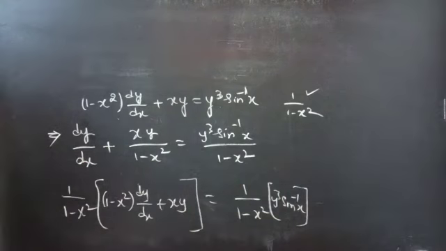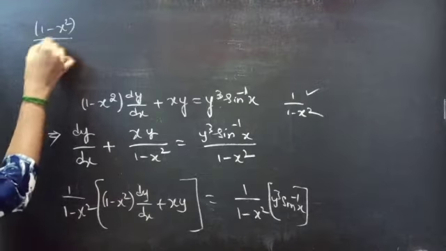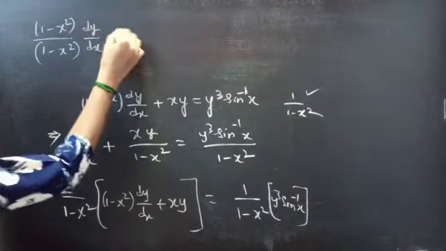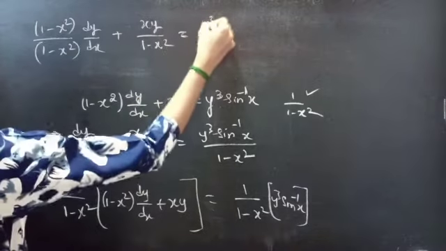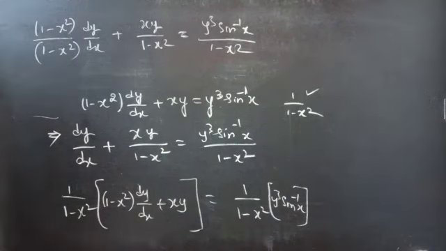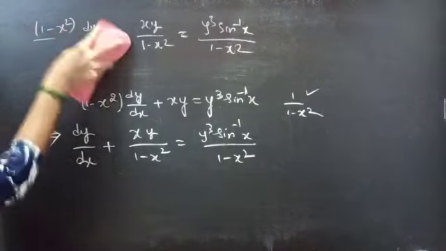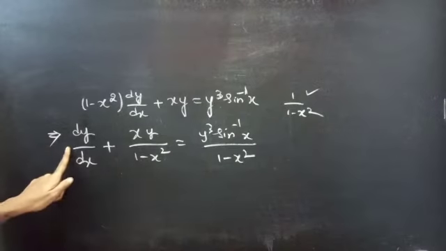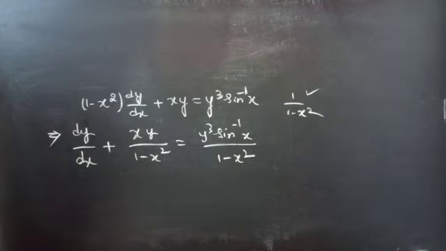Then also we'll get the same equation: (1 minus x square) by (1 minus x square) into dy by dx plus xy by 1 minus x square equals to y cube sine inverse x by 1 minus x square. Right. And now the quotient of dy by dx is 1, right? We have eliminated 1 minus x square and we got 1 as the quotient of dy by dx.